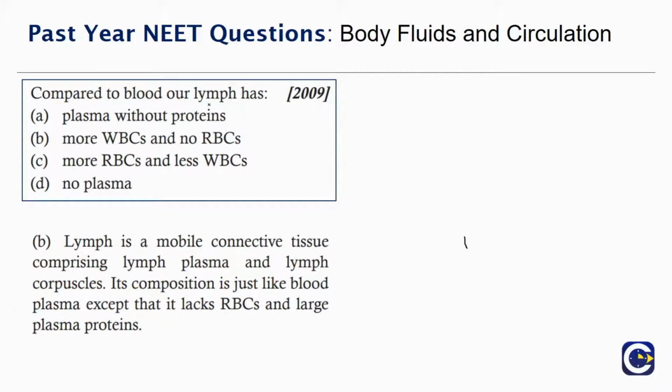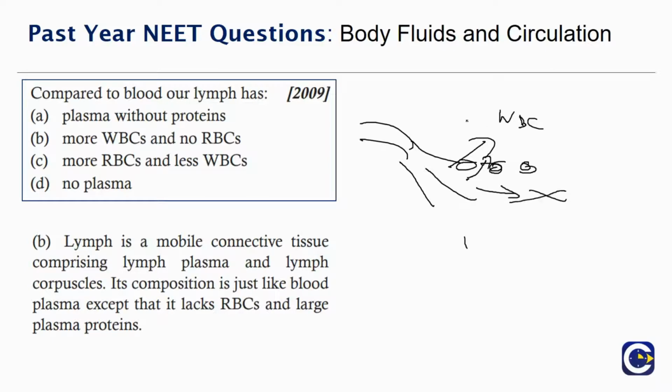Compared to blood, what does lymph have? So, what is lymph? Lymph is the ultrafiltrate of the blood. So when fluid moves out, some amount of WBC can go out through diapedesis. Not diapedesis exactly, but can filtrate through the pores and move. But RBCs cannot move like that. So the lymph will have some amount of WBC.